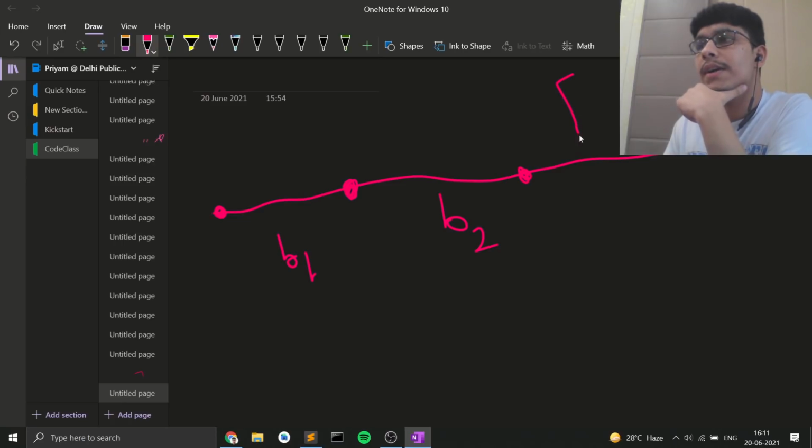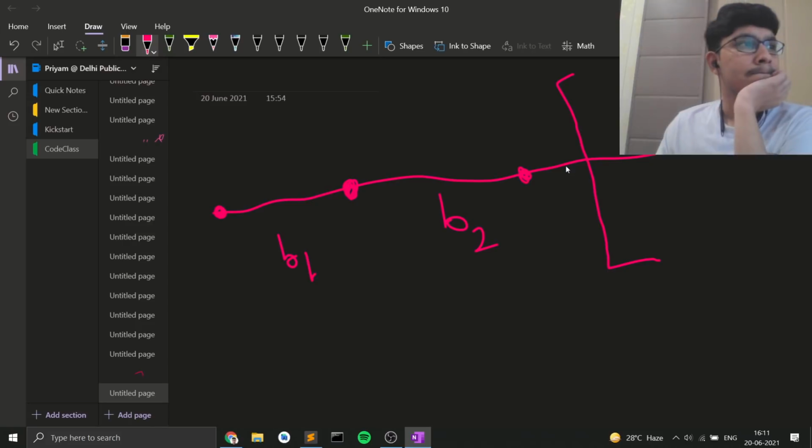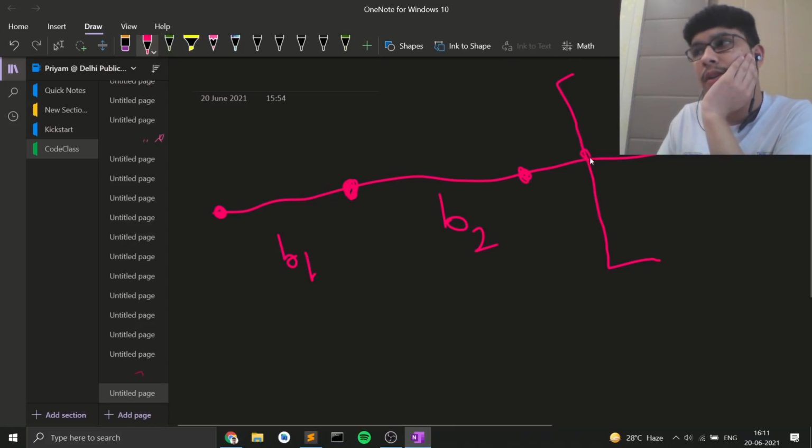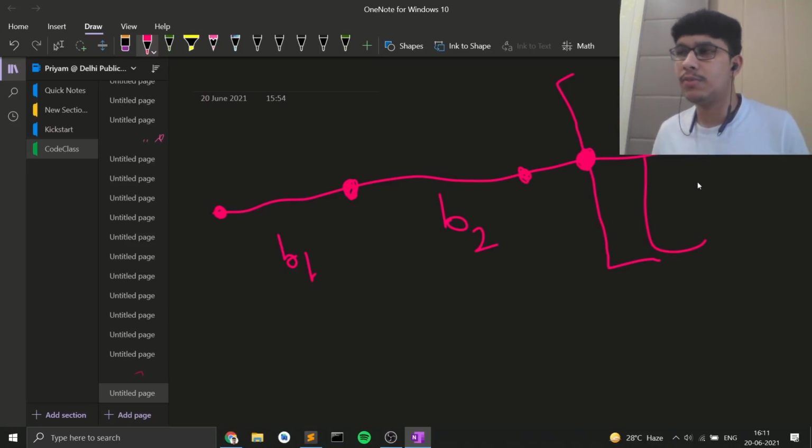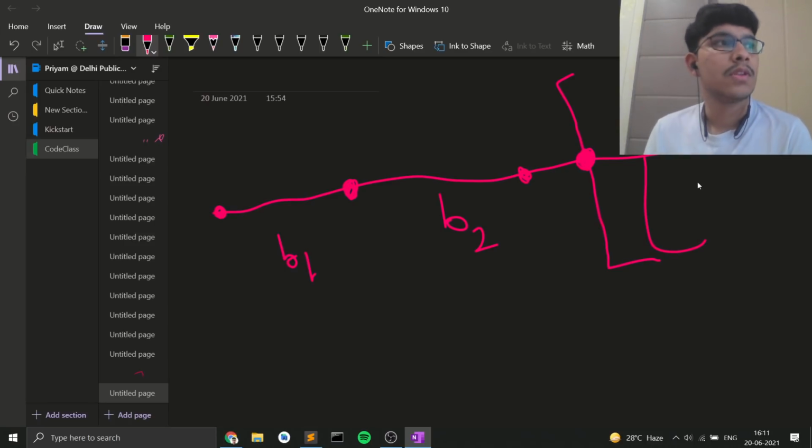let's say I decide that till this point I will pick them all up, like from all the suffix I will pick them all up, right?